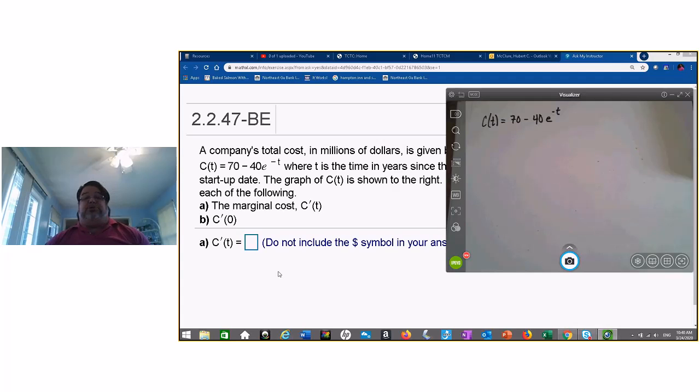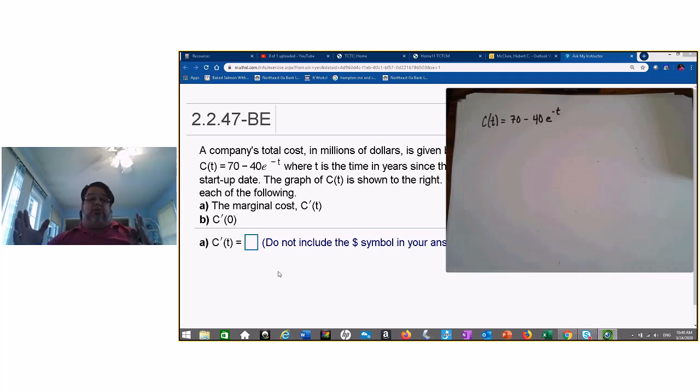Let me know when you see my document cam small and on the right side of the question.